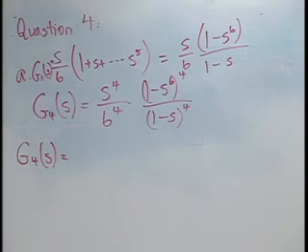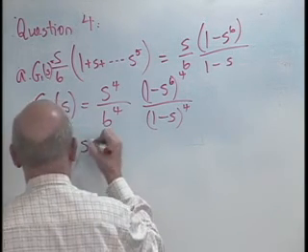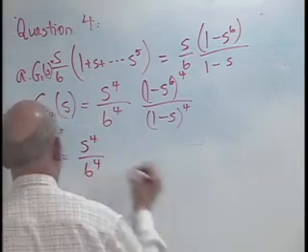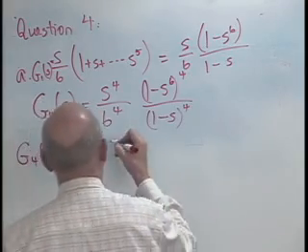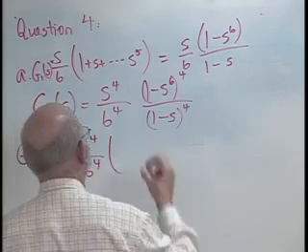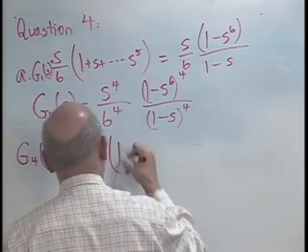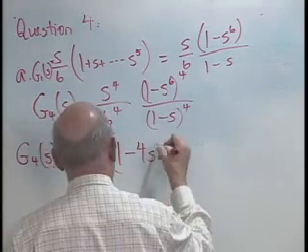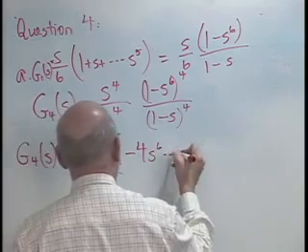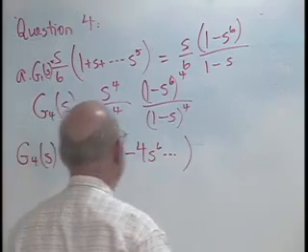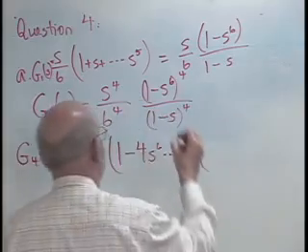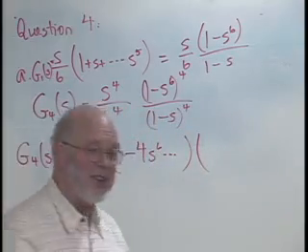This being a final exam where time is at a premium, there are only 2 such terms. So we've got s to the 4th over 6 to the 4th times (1 minus s to the 6th) to the 4th. That's 1 minus 4 s to the 6th. The next term is s to the 12th, so it doesn't matter. And then we've got to do (1 minus s) to the minus 4th.